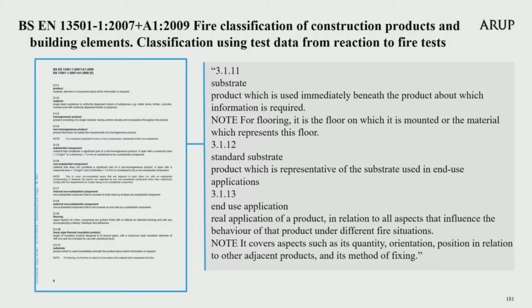The classification standard also communicates something called a standard substrate, a product which is representative of the substrate used in end-use applications. And the end-use application is also given a definition, the real application of a product in relation to all aspects that influence the behaviour of that product under different fire situations.